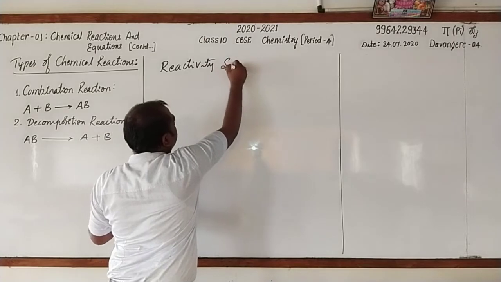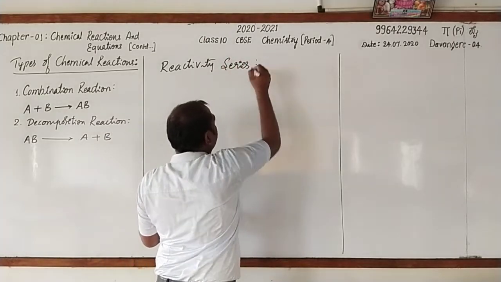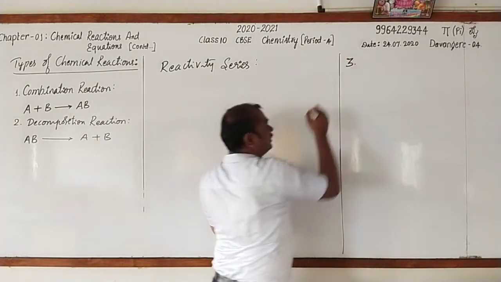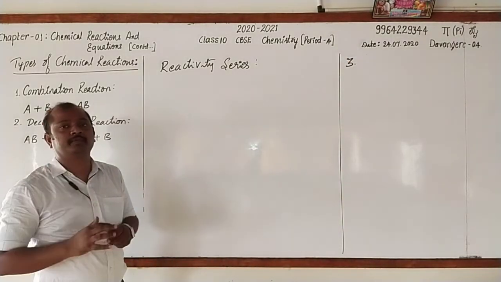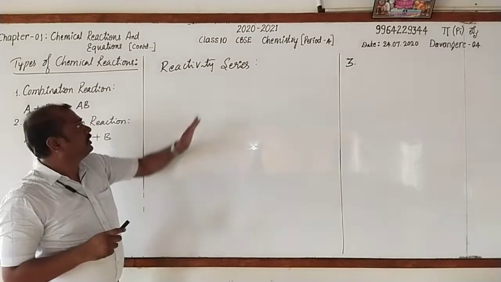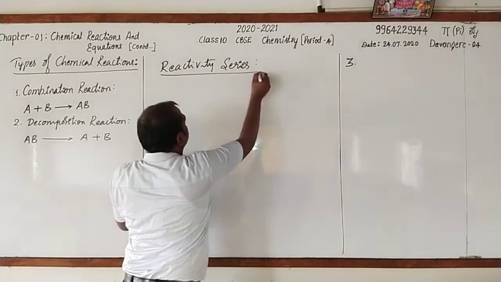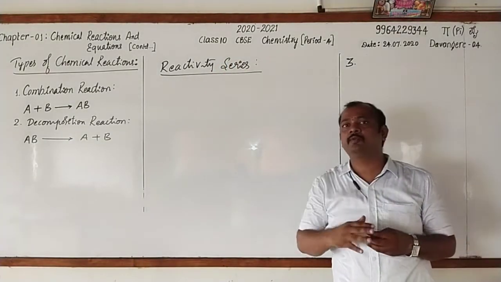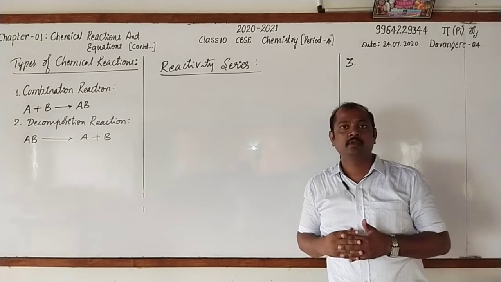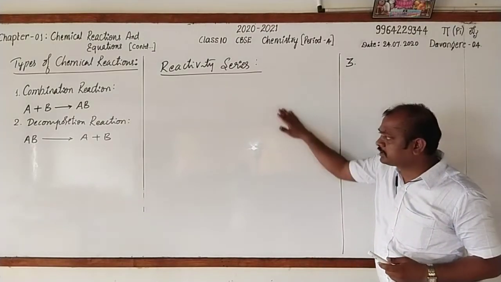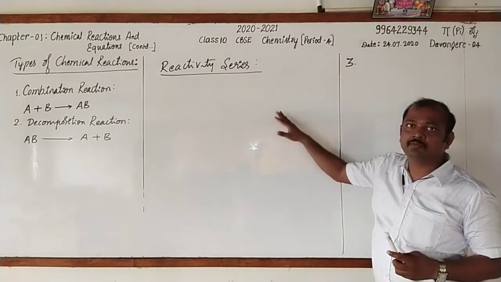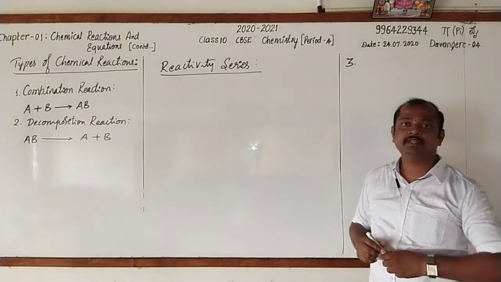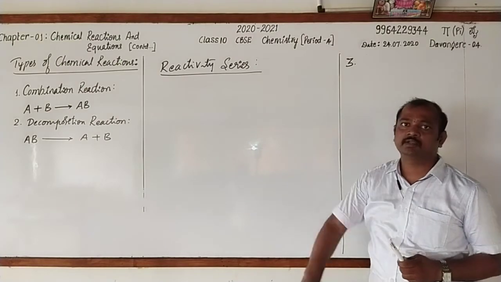Reactivity series. Then why is it necessary to know about the reactivity series? To learn the third important type of chemical reaction. Here I told you the elements are to be arranged in decreasing order. Particularly we will take the metals. So the arrangement of the metals in decreasing order is called the reactivity series. Got it?